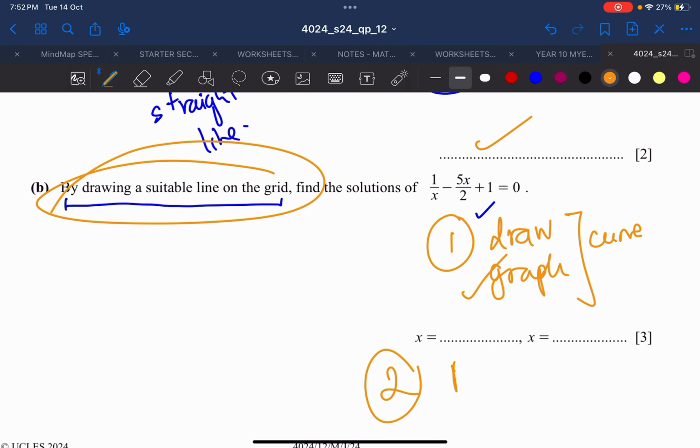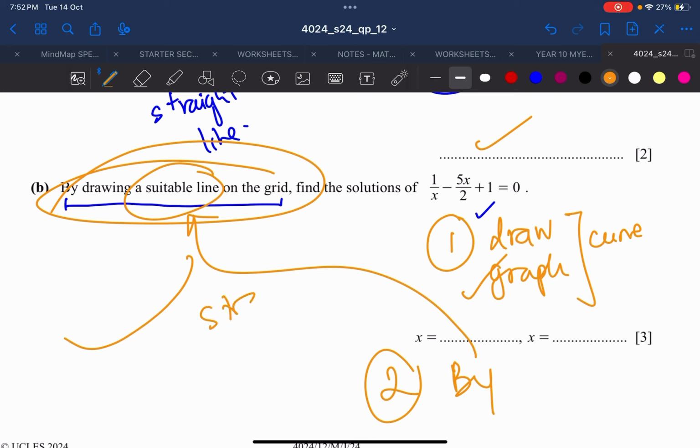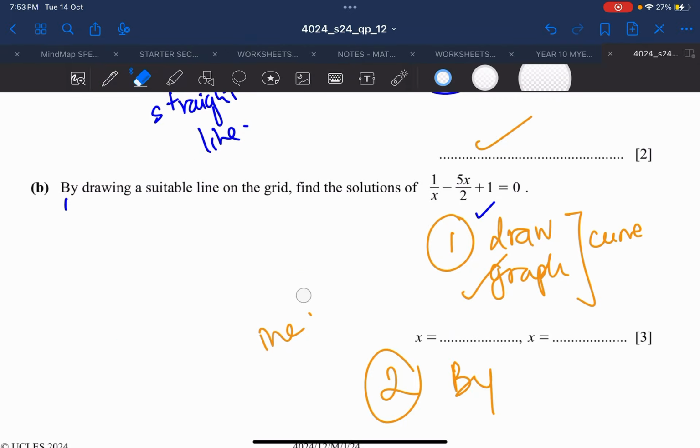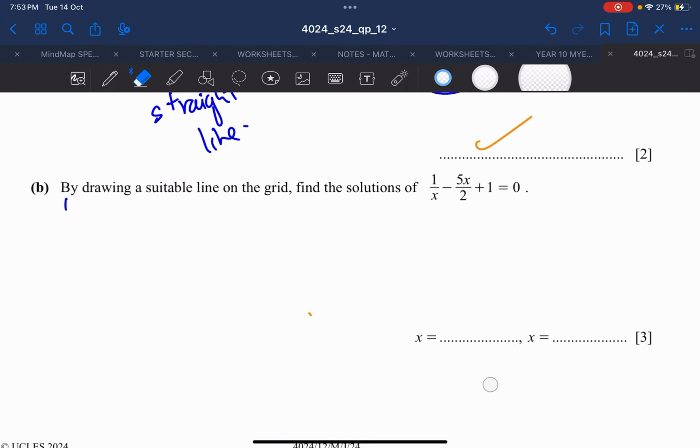Second, kalau ia suruh lagi draw by drawing suitable line macam ni, it's never gonna be curve meet dengan curve. Okay, not in our syllabus. It's always gonna be first is drawing curve, and then second would be drawing suitable line. Ini memang ia straight line. Okay, so ni in this case, walaupun ia in the specify, kita ni memang tahu sudah, artinya ia suruh draw straight line. Okay, now next question is, macam mana kan tahu what straight line do we have to draw?